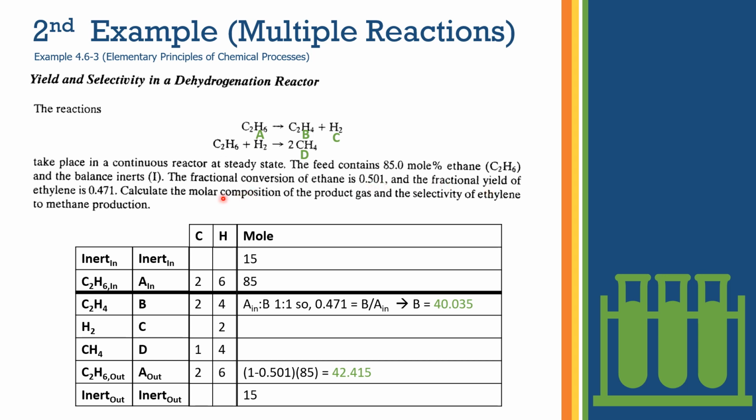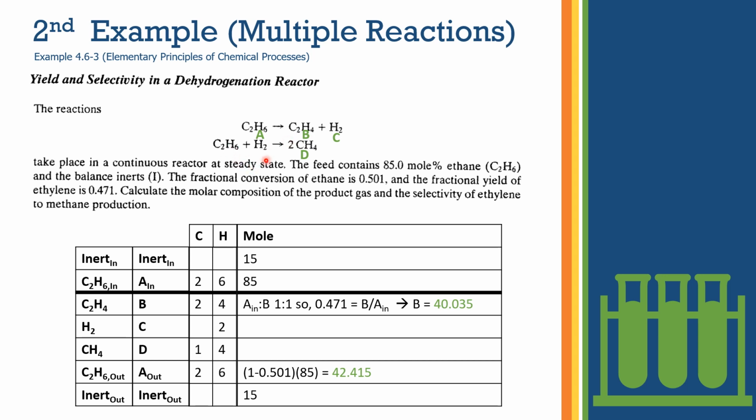So if we just have this reaction, and the ethane is consumed completely, it is 1:1, and for C2H6 or ethane we have 85, so we should get 85.